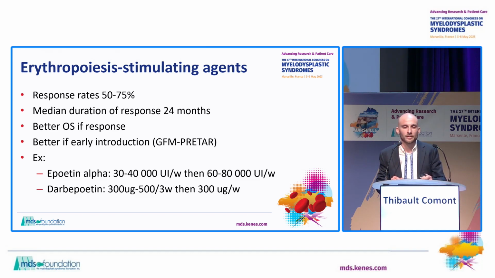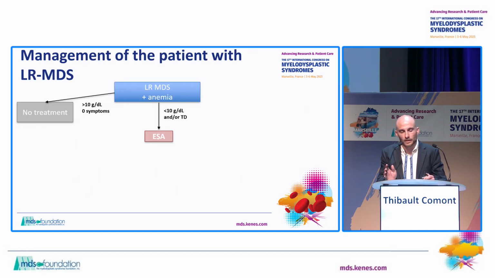We have some options: for example, epoetin alpha, first weekly but also twice weekly, or darbepoetin, at first 1 injection per 3 weeks, and then weekly. But most patients present primary or secondary failure of EPO.